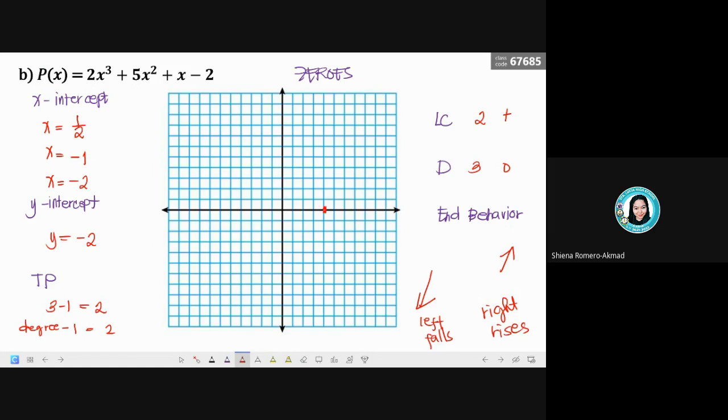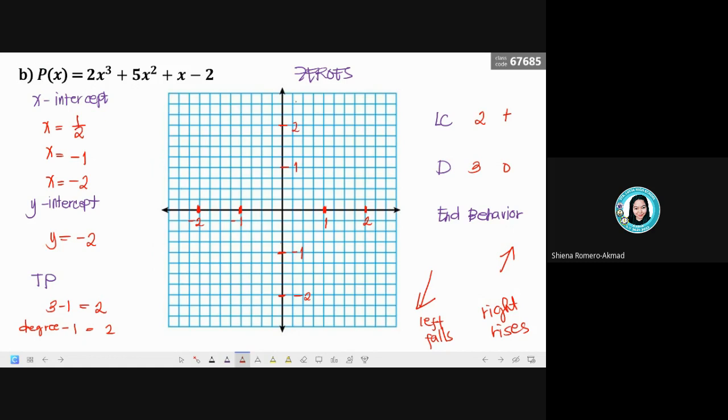So, 1, 2, 3, 4. Ayan. So, we have 1, 2, negative 1, negative 2. Then, yung y natin, we have negative 1, negative 2. Siguro sa taas, okay na kahit di na natin lagyan, 'no? Pero lagyan ko.